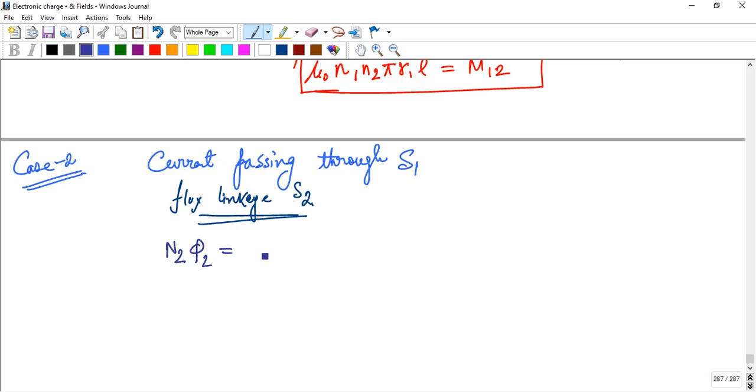That is equal to the mutual inductance M21 of coil 2 with respect to coil 1, times the current I1 passing through the S1 coil.